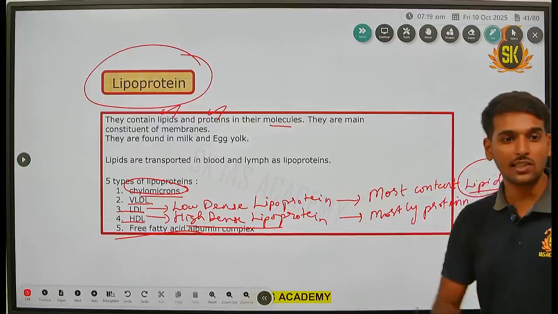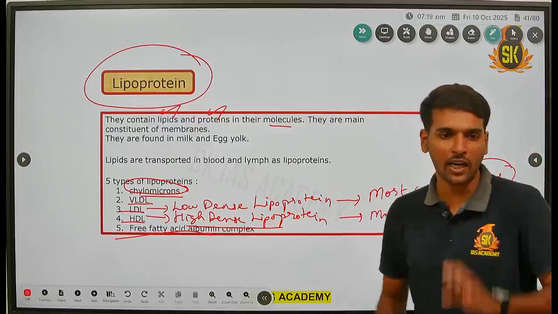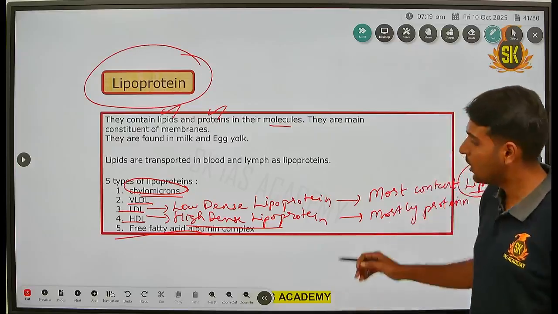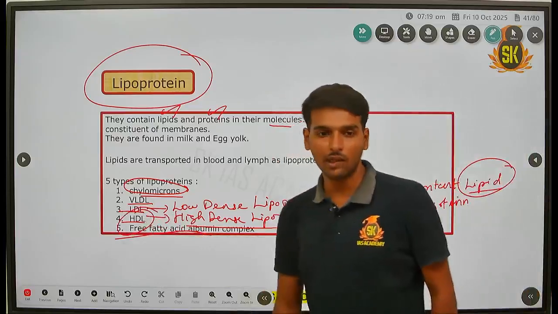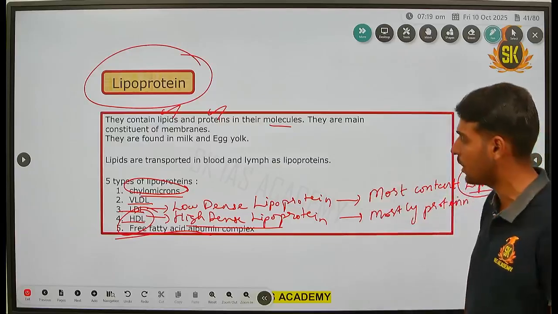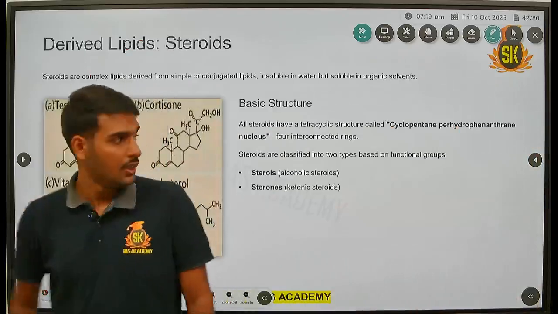So the density is increased. Even if lipid accumulates, it will accumulate in less quantity within the arteries. It will never block them. That is why physicians advise us to take HDL in the form of unsaturated, polyunsaturated fatty acids. So this was the lipoprotein we have discussed.